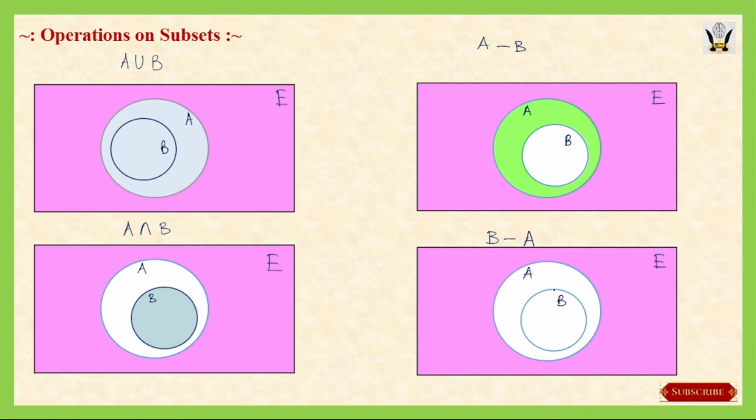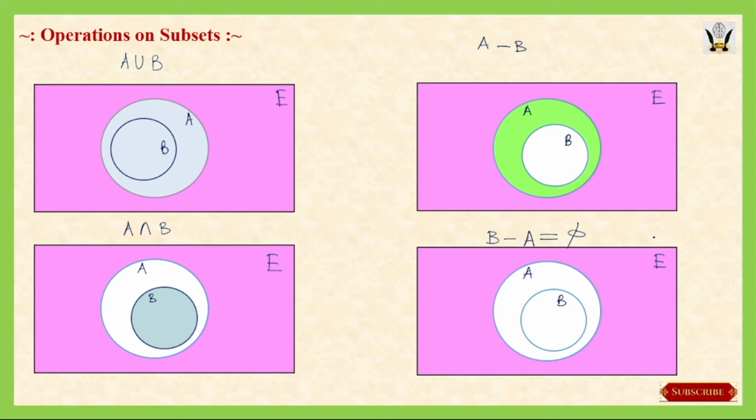So when we perform B minus A, in that resultant set we will not have any elements, so that resultant set will be an empty set, and that's why we have not shaded any portion of this A and B. This represents that we don't have any element in that resultant set, that is an empty set.